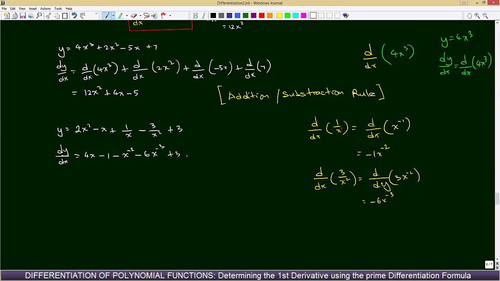This is accepted, but we can make the expression for dy/dx a little bit nicer by doing this. Put back all the negative powers to positive. I made a mistake here. There is no plus 3 here, because differentiation of 3 is 0. This is the final answer.